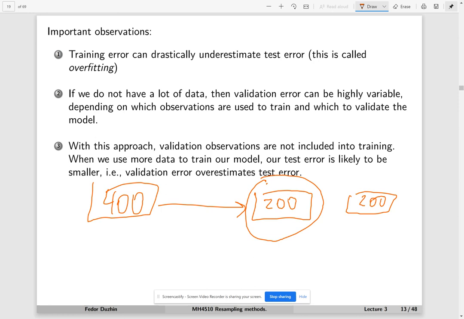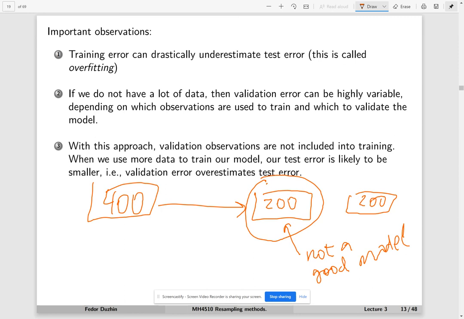Which means that any model that is trained on this sample is going to be just worse, right? That is not a good model. Because generally speaking, the more data we use to train our models, the more accurate they are going to be.